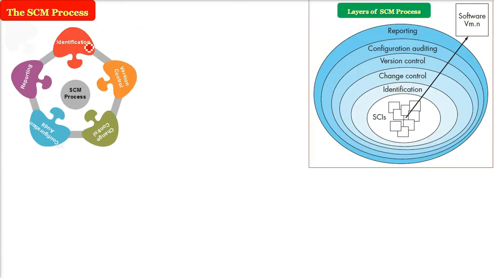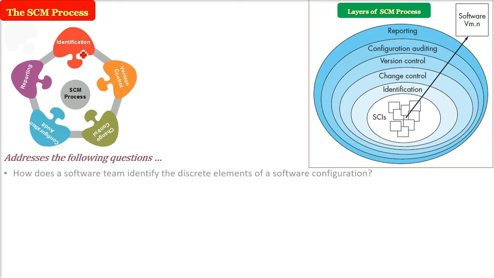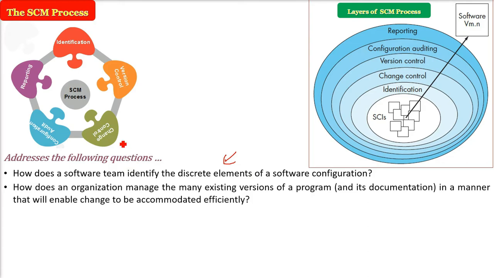So every SCM process needs to address certain questions. Before making a process, ultimately, as I said, there will be a software configuration management system. The questions to be answered by the SCM are: How does a software team identify the discrete elements of a software configuration?